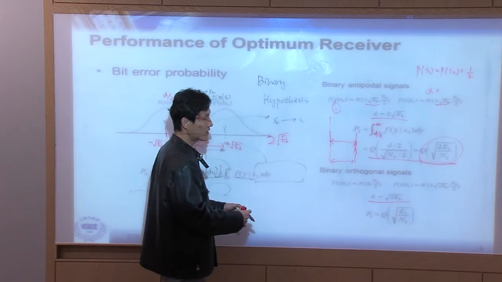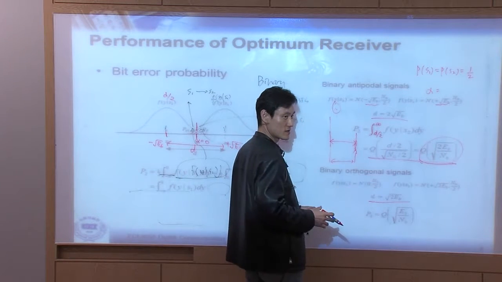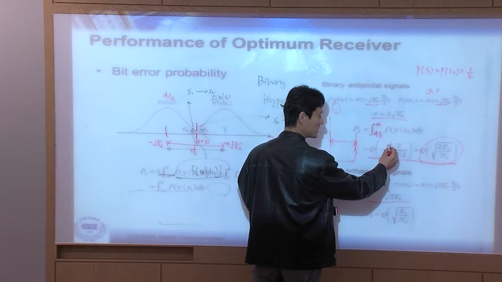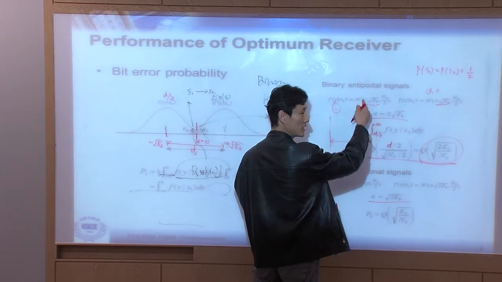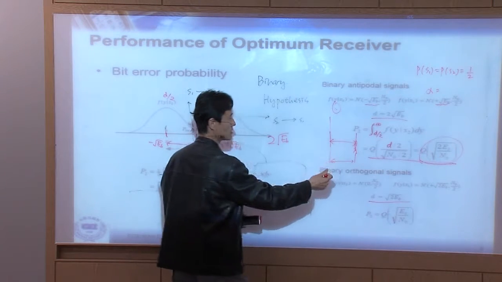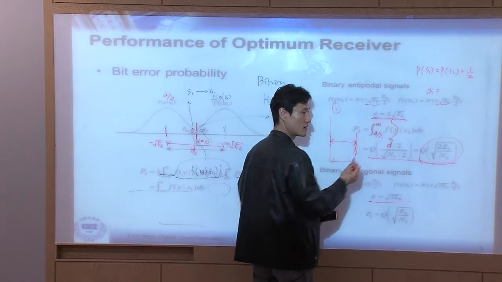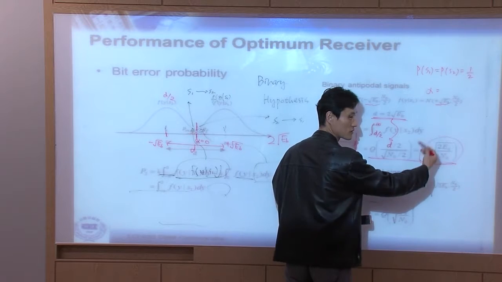So do the same way. You're going to get this. Same way, you're going to get this. However, D, in the antipodal case, is this, right? This is D. So put this D right here, and you're going to get this equation.